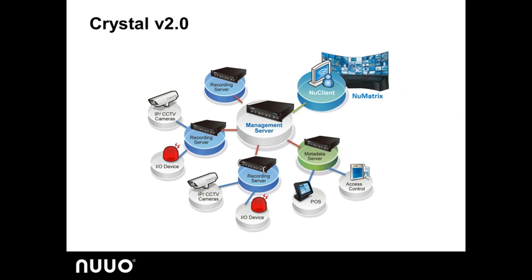We also have a metadata server, which we use for POS and access control. Once we connect those two with the management server, we can use the new client to access the management server and, of course, see the video, watch the playback, and use all the features of the Crystal.